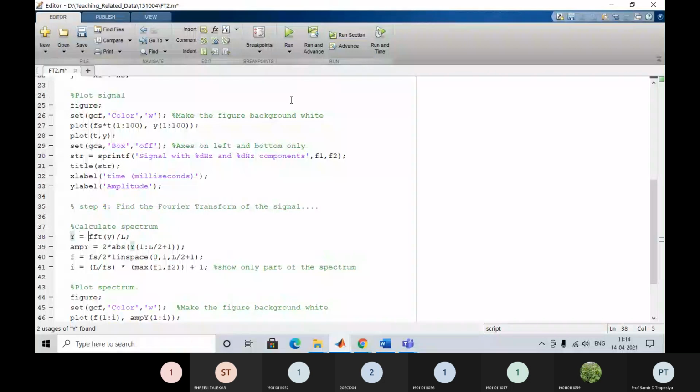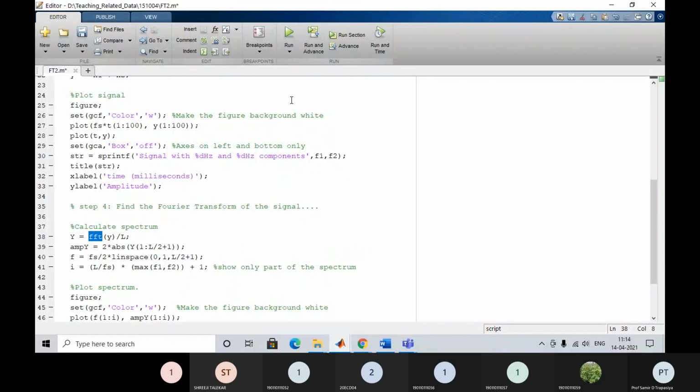So there is a command known as FFT. It's known as the fast Fourier transform. This command is basically used to convert any discrete time domain signal into a frequency domain signal. So this FFT is used to convert a discrete time domain signal into a discrete frequency domain signal. What is the input argument?